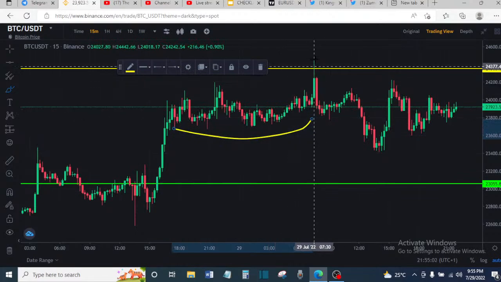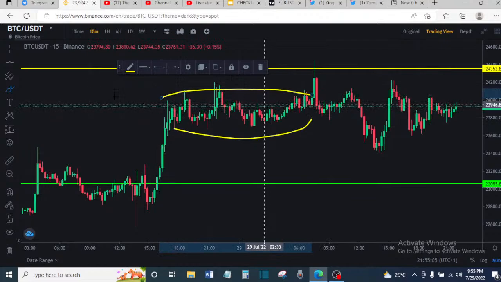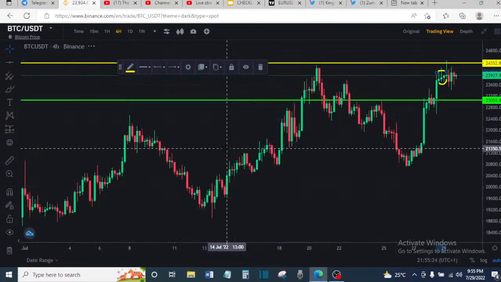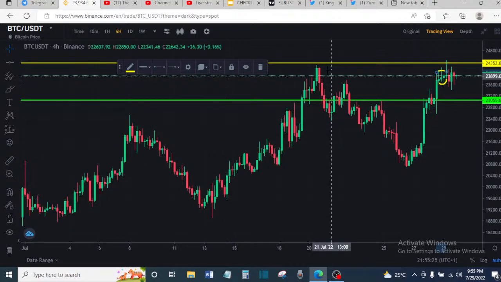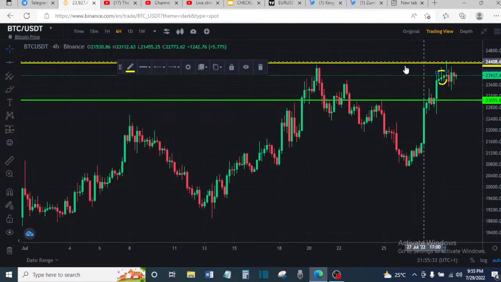This move took out all the stops, including the big 4-hour stop that actually brought it up. This was what actually caused it, that brought this up.